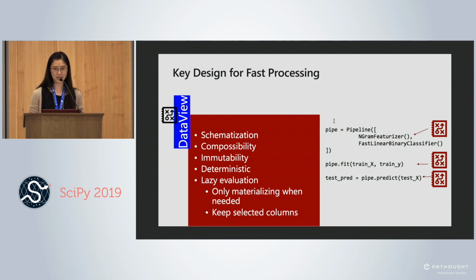Imagine that in the original data, you might have thousands of columns, but when you're creating this data pipeline, you are actually only using maybe 100 of them or 20% of them. So using this lazy evaluation, we only extract or materialize the data when it is needed. This helps us save a lot of memory in the training process.